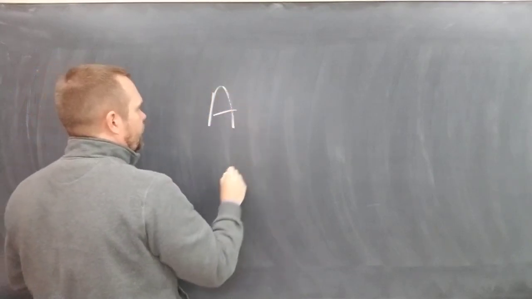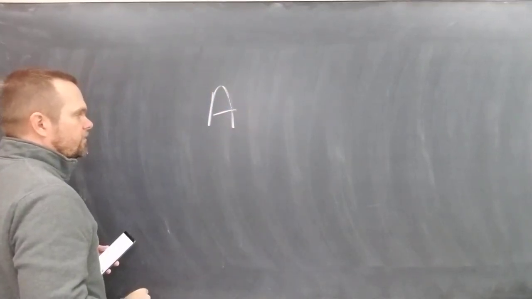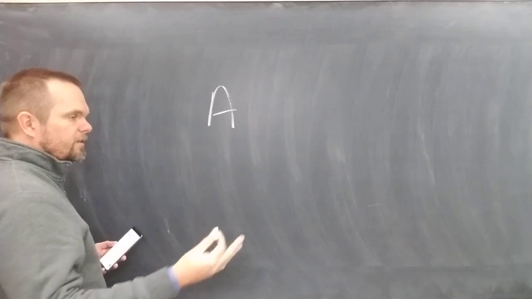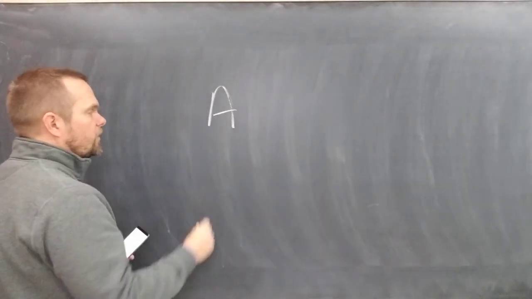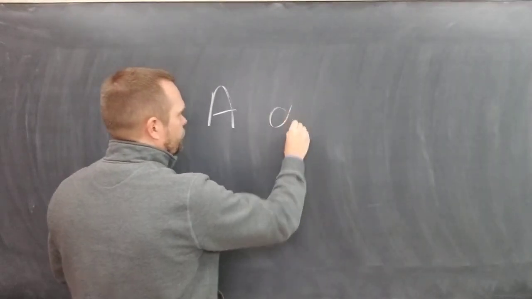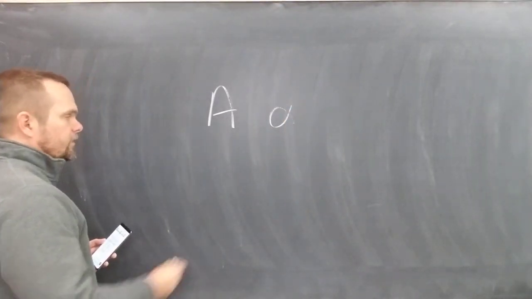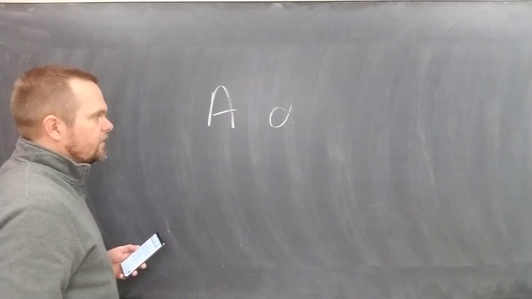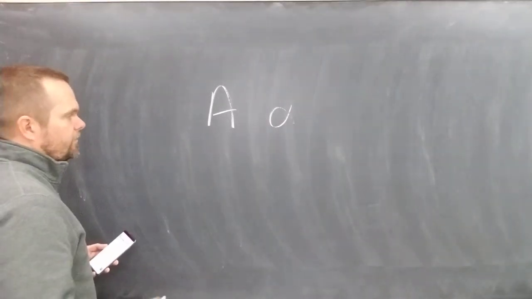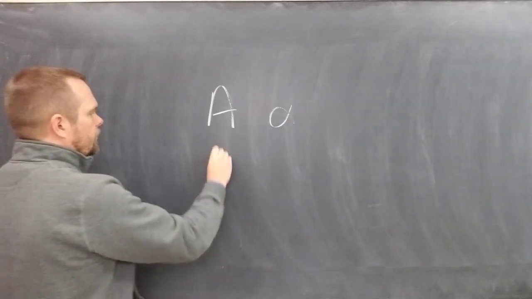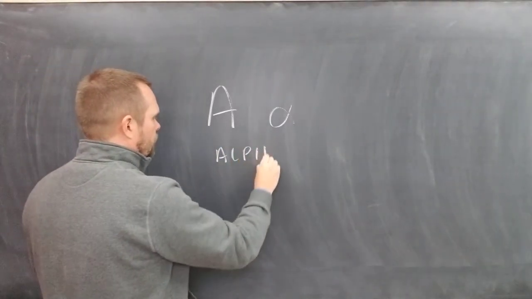First letter is alpha. The uppercase figure for alpha is written just like a capital A in English. And then the lowercase figure is written similar to an English lowercase a, similar but different. And that's the Greek letter alpha.